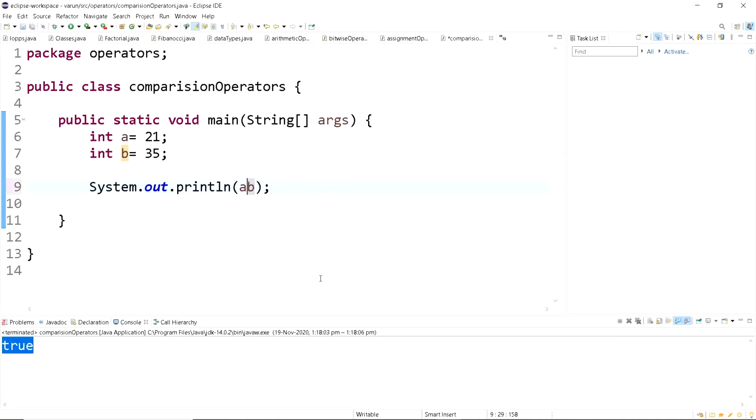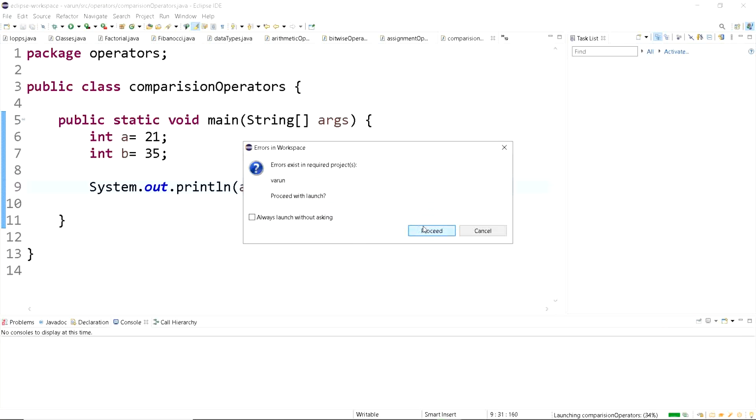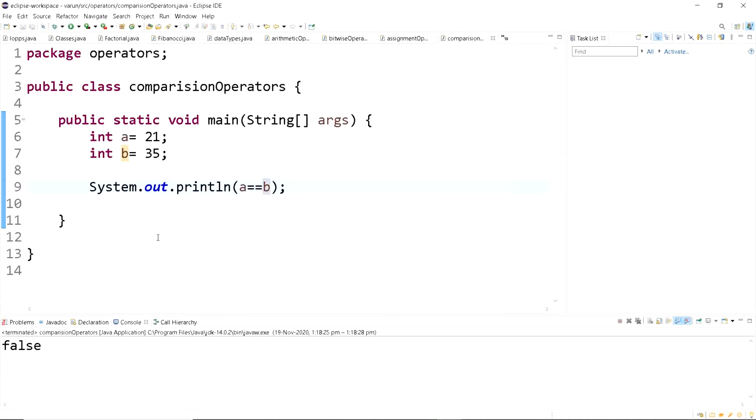Now we'll check whether a is equal to b or not. In order to check whether two things are equal or not, we need to put two equal to symbols, not one equal to. Let's see. It should print false. Yes, it has printed false. Now we'll check whether a is not equal to b or not.